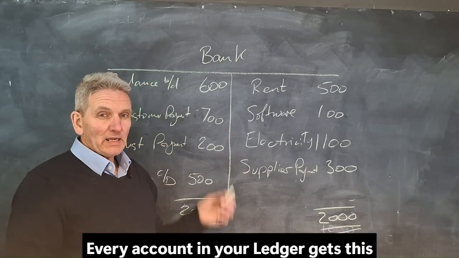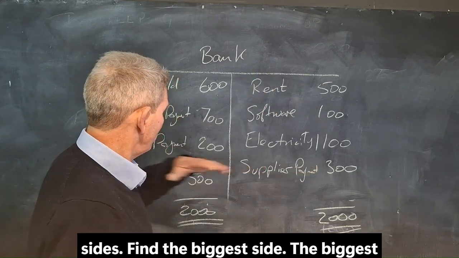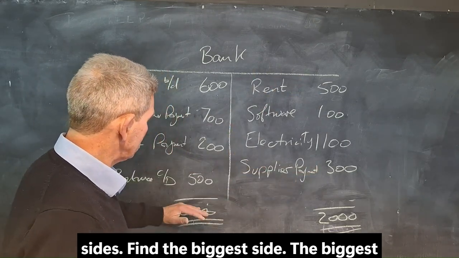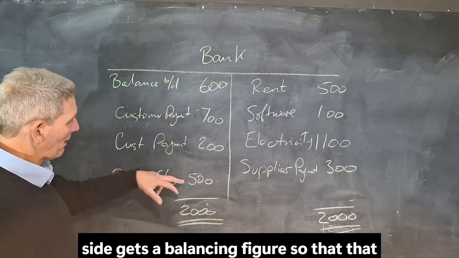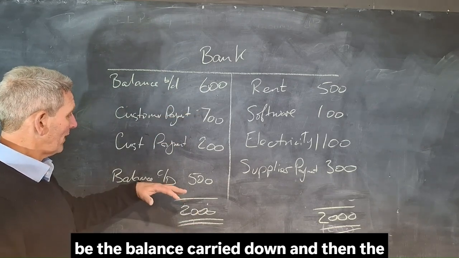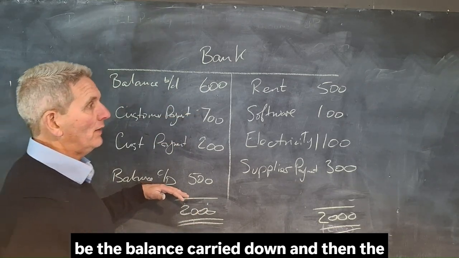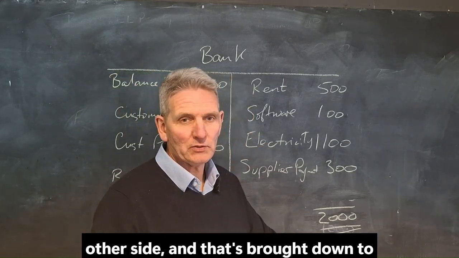Every account in your ledger gets the same treatment eventually. Add up both sides, find the biggest side. The biggest side is the total, and then the smaller side gets a balancing figure so that side also adds up to the total. That will be the balance carried down, and then the balance brought down, flipped over to the other side, and that's brought down to the next period.